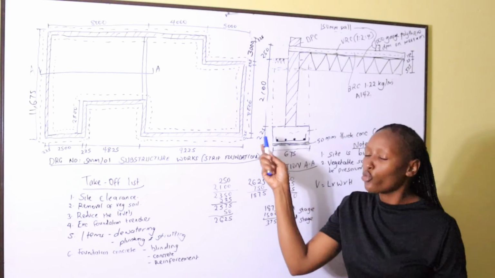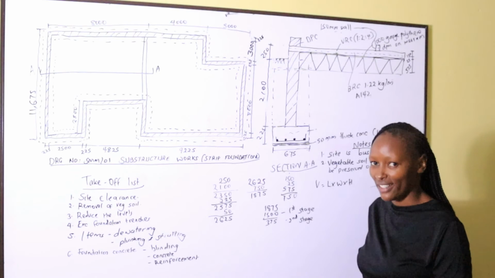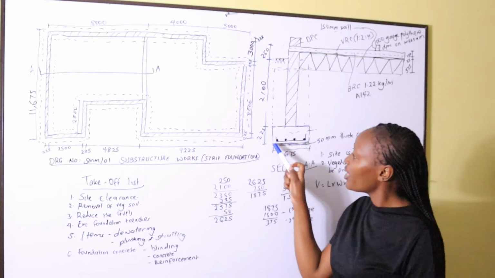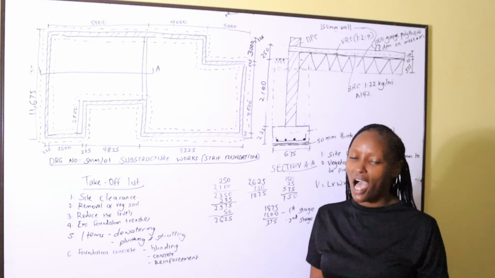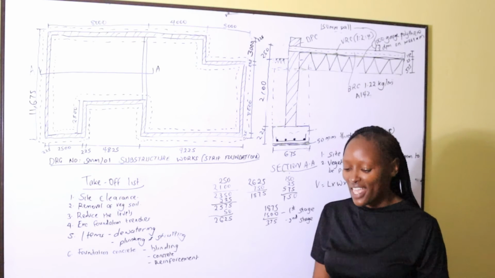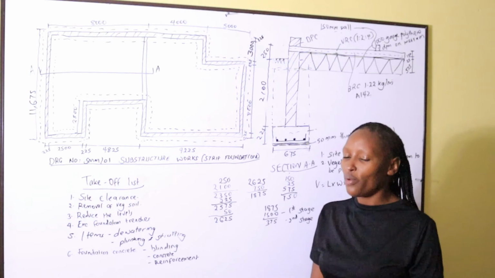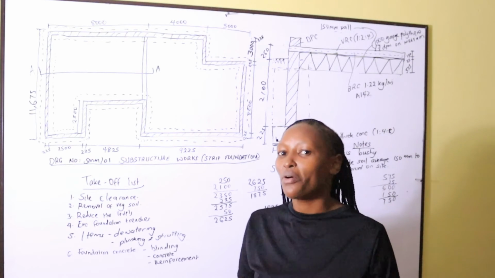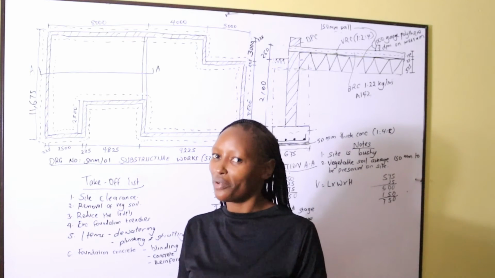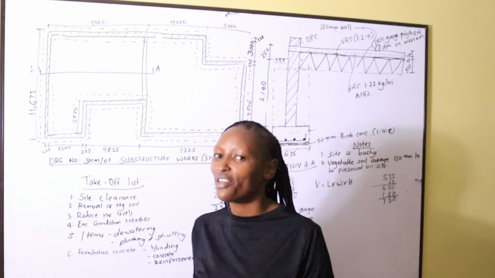The concrete is 225 millimeters thick. Alright, so for the concrete, we usually calculate the volume of the concrete. How do we calculate the volume of the concrete? The volume of the concrete will be equal to the center line of the concrete times the width of the concrete times the thickness of the concrete. How do we calculate the center line of the concrete?